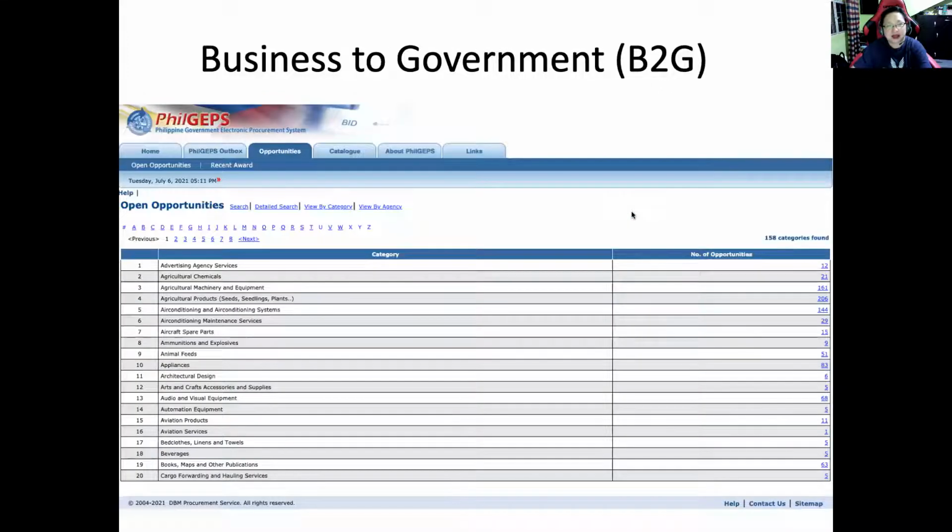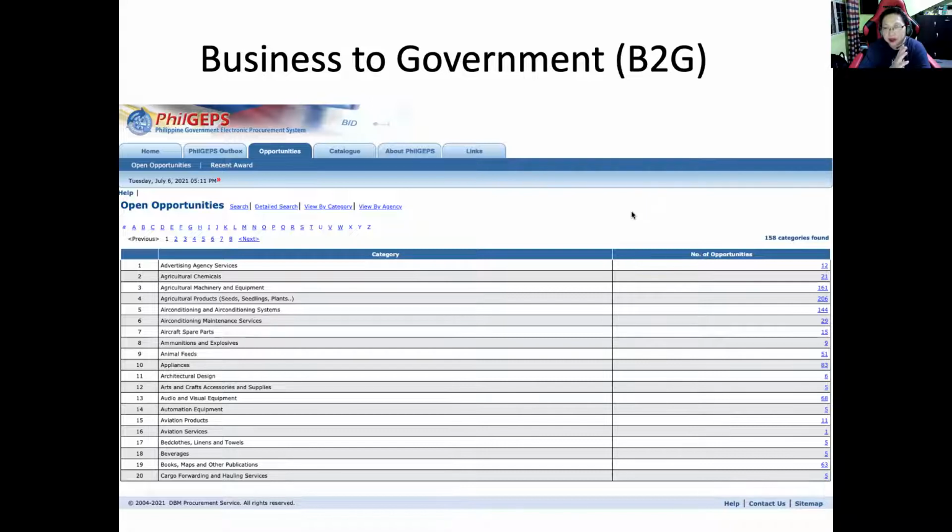An example of business to government, although this is a government website, is PhilGEPS, or the Philippine Government Electronic Procurement System. If you go to PhilGEPS, you will be able to see a lot of open opportunities of projects in government where you can bid.